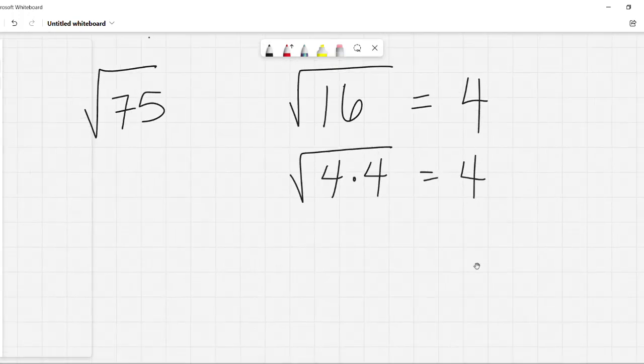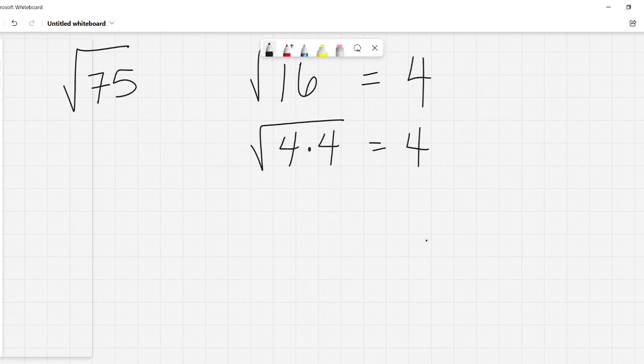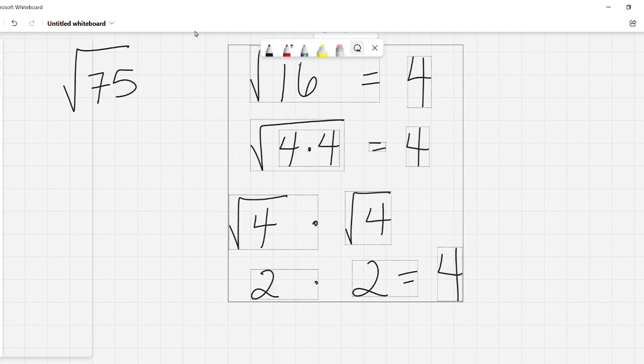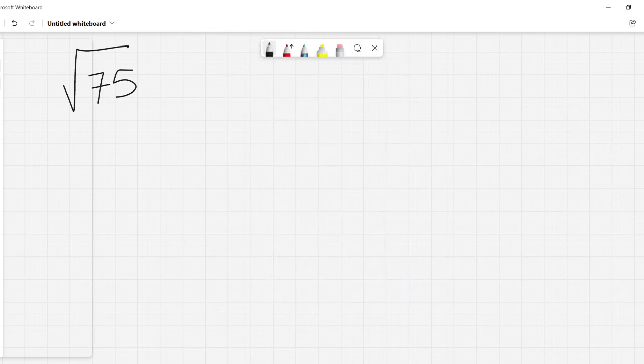Once you got to the point where it says square root of 4 times 4, you can actually separate it. Square root of 4 is 2. Square root of 4 is 2. 2 times 2 is 4. And it's this property that we're going to use, that you can take a square root and divide it up, as we're talking multiplying, not adding.